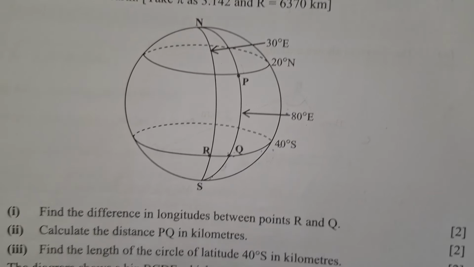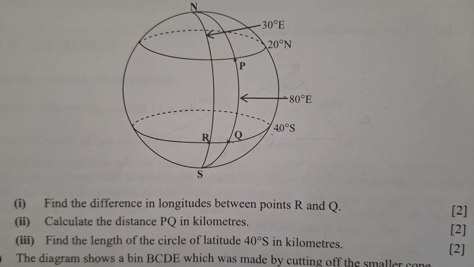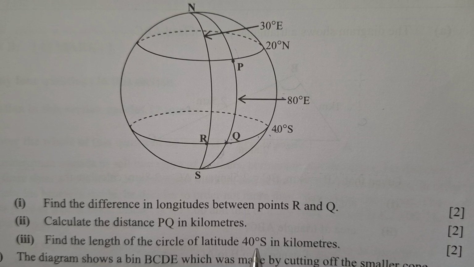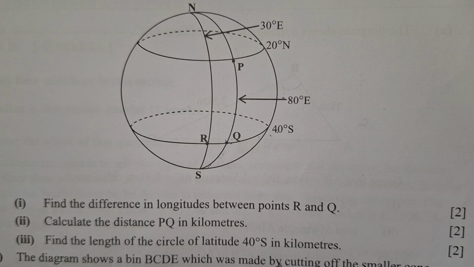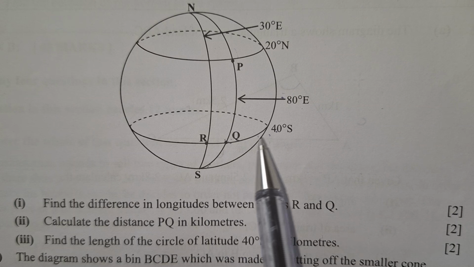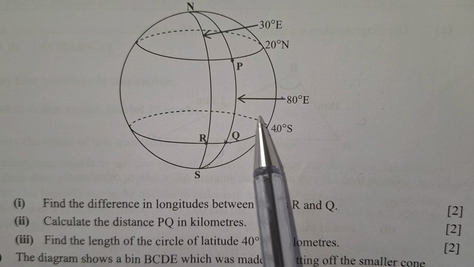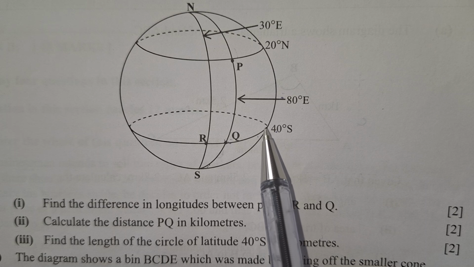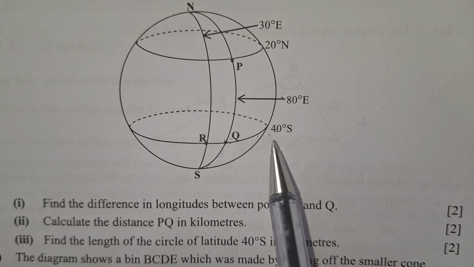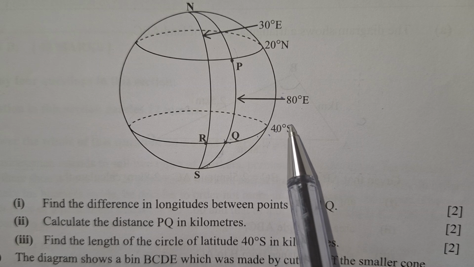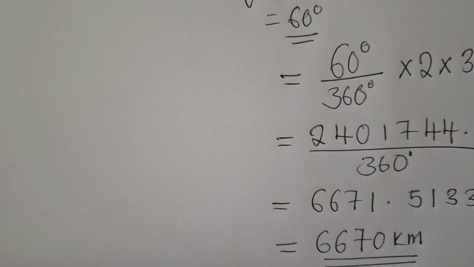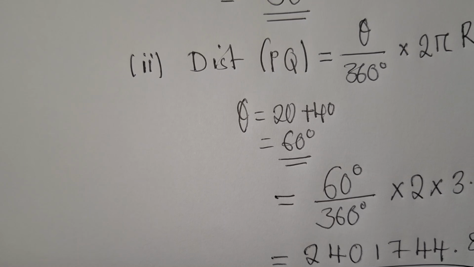For the last question here, they are saying, find the length of the circle of latitude 40 degrees south in kilometers. So you see, we are talking about this circle. So we are going to use the same formula for finding a circumference of the circle, but since it's a latitude, we are going to apply cos y. Let me show you. So the formula here will be, let me write it here, question 3. Hopefully you follow.